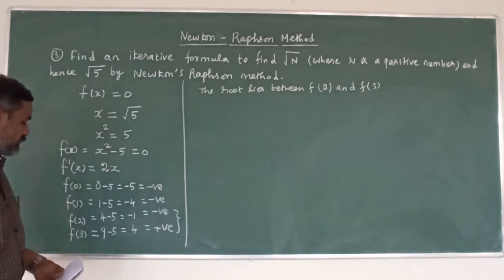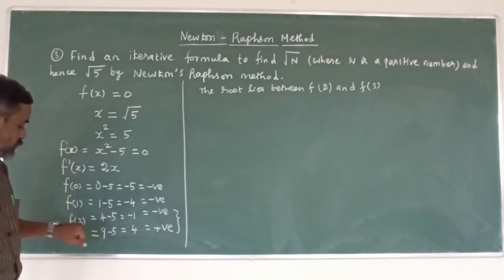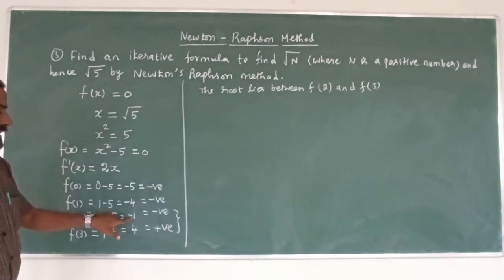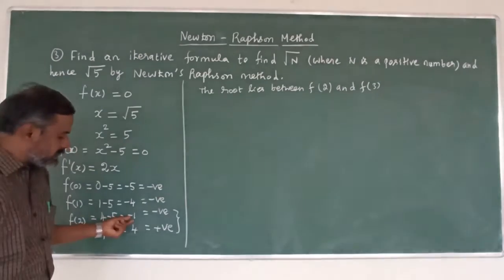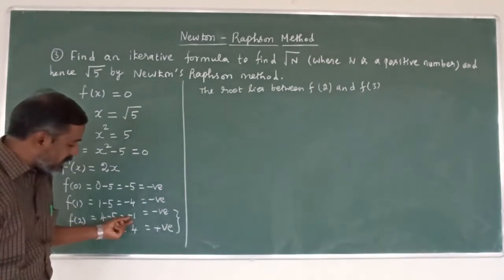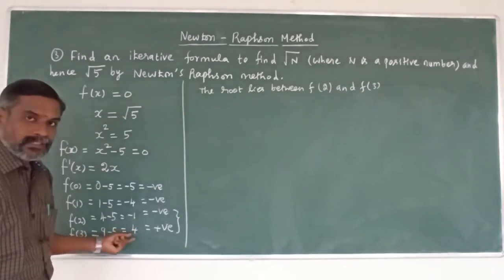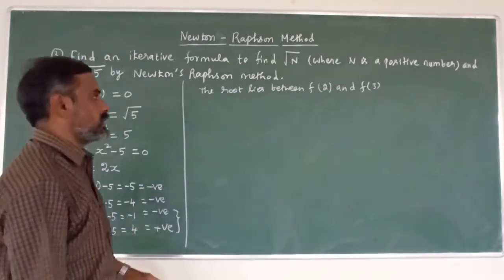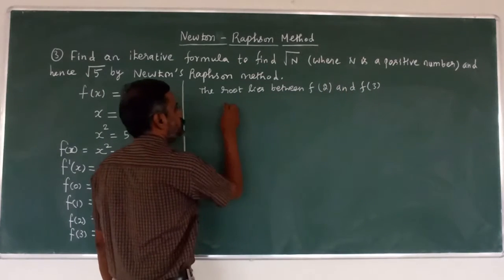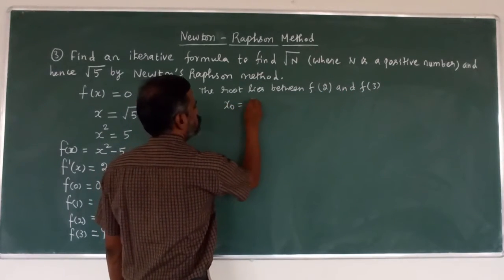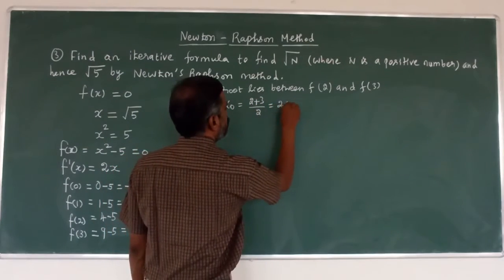F of 3 is positive and f of 2 is minus 1. Now we have to find out the negative value very close to the positive. That is called x naught. Now to take the average of these two: x naught equal to 2 plus 3 divided by 2 equal to 2.5.